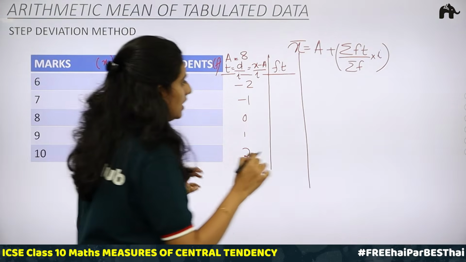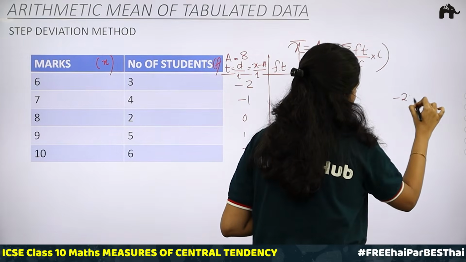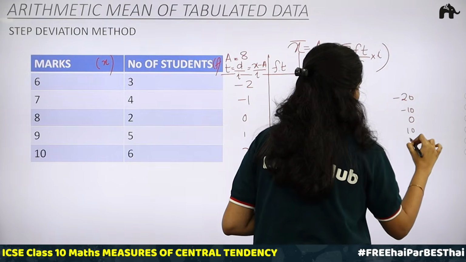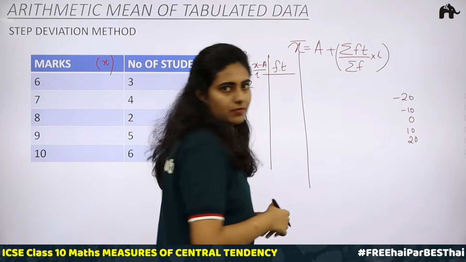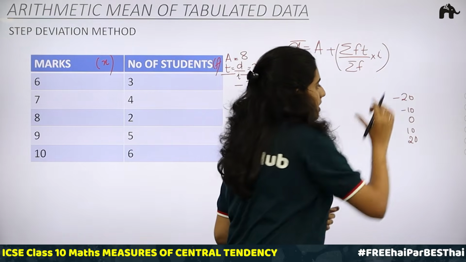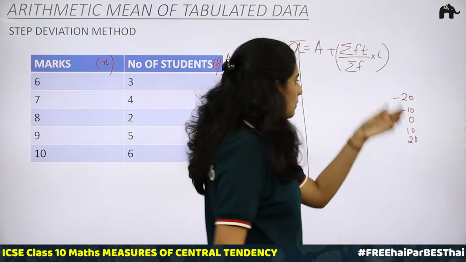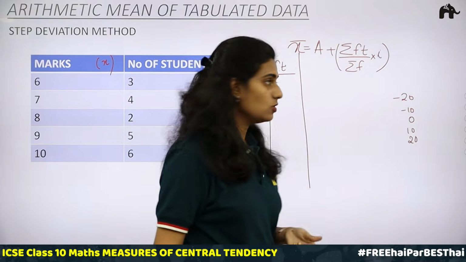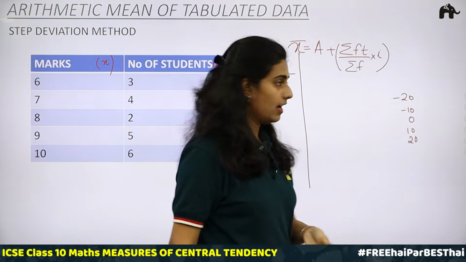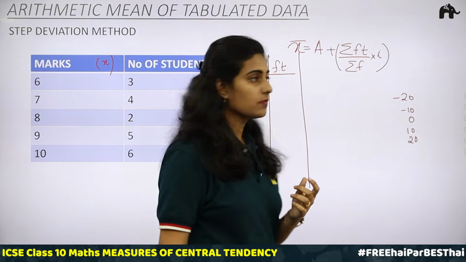Now, you have some case in which you have minus 20, minus 10, 0, 10, 20. Okay. All these are factors of 10. Minus 20 can be written as minus 2 into 10. Minus 10 is minus 1 into 10. 0 is 0 into 10. 10 is 1 into 10 and 20 is 2 into 10.